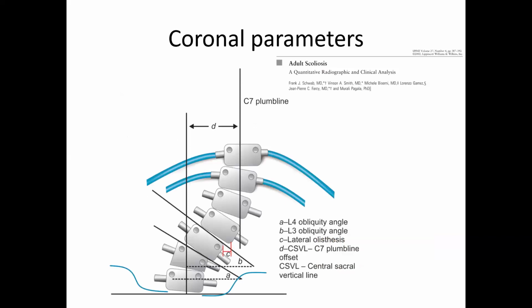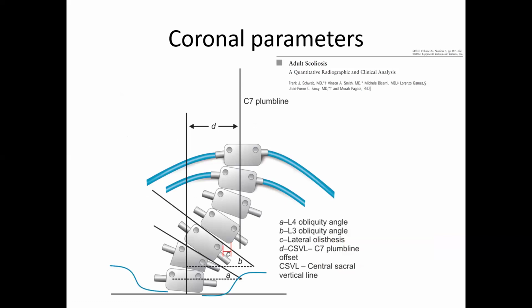What are the parameters we have to see on the coronal view? We have to see the coronal offset. Coronal offset is when a plumb line is drawn from the C7 vertebra, and the distance between it and the central sacral vertical line should be noted.